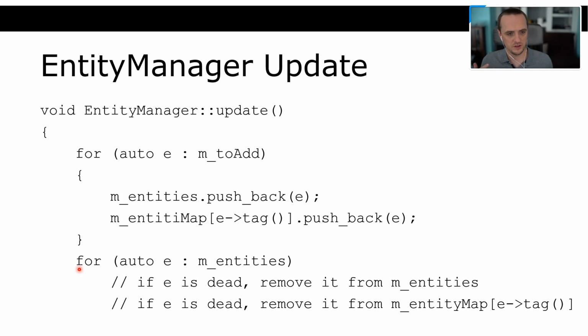So the question or comment was, instead of iterating over the entities and if it's dead, remove it, what we can do is have a second array. So we set up a second blank vector. We iterate over all of our entities, and if it's alive, we put it into the new blank vector.